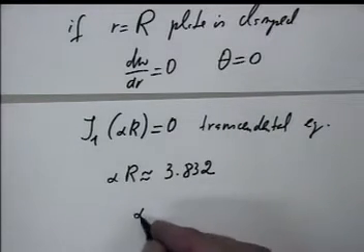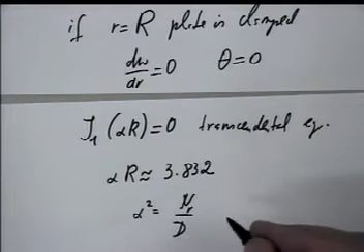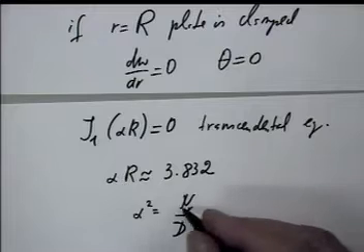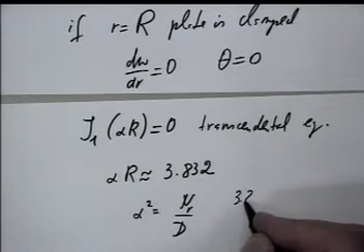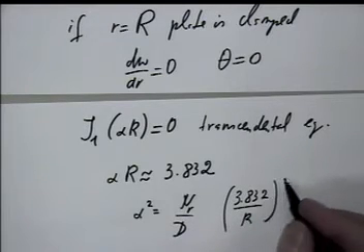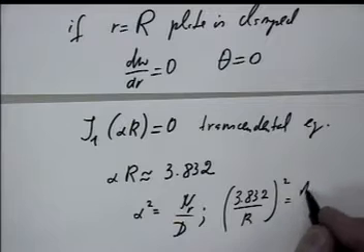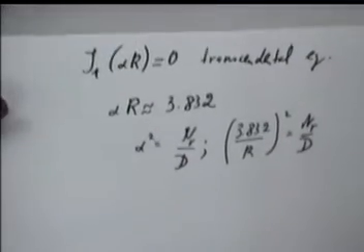But we denoted that alpha square equals NR over D. So therefore, we substitute alpha equals 3.832 divided by R, squared, equals NR over D. Okay? So from here we get NR.